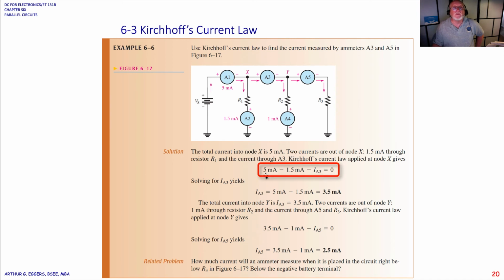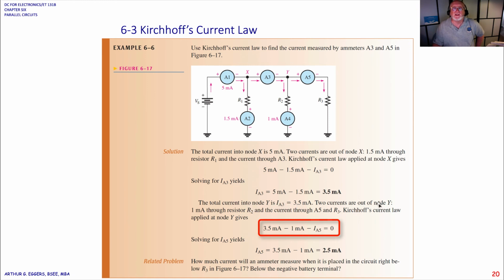So the 5 milliamps minus 1.5 milliamps minus the current A3 has to equal 0. Okay, so solving for current A3 yields 5 milliamps minus 1.5 milliamps, or 3.5 milliamps. So that's the current then at this side between X and Y. So the total current into node Y is 3.5 milliamps.